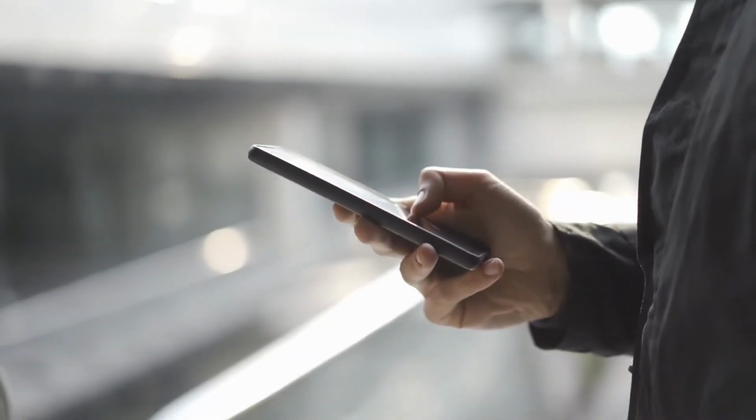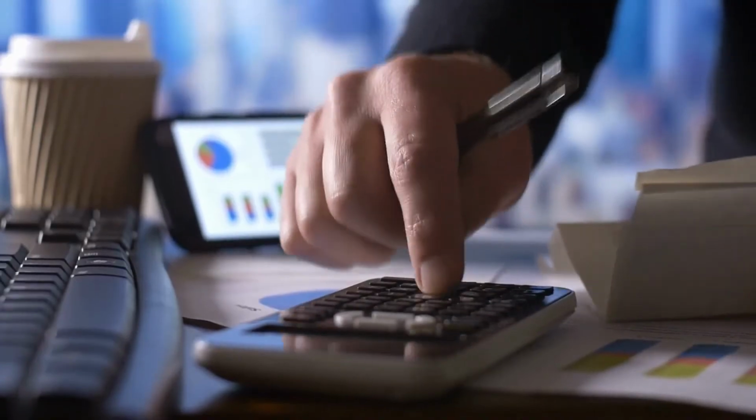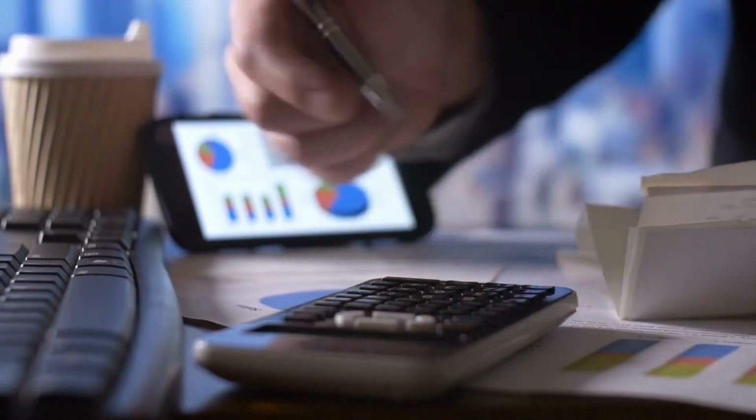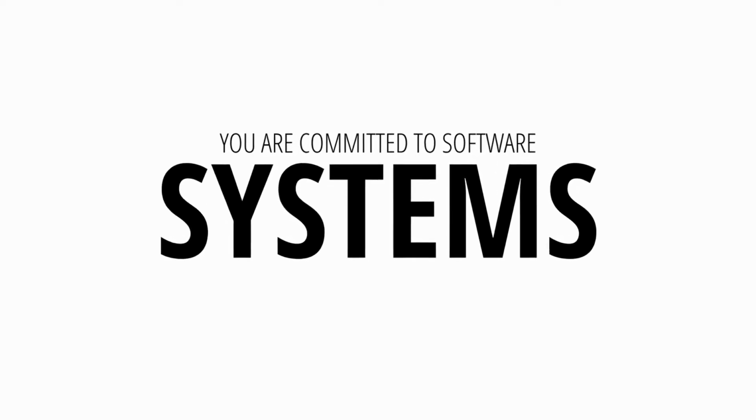So typically you are already online with your bank, with the credit card systems you use to pay bills, as well as your accountants on QuickBooks or something like it. You're already invested in software. You may not know how much you're paying a month, quite frankly, but you are committed to software systems.